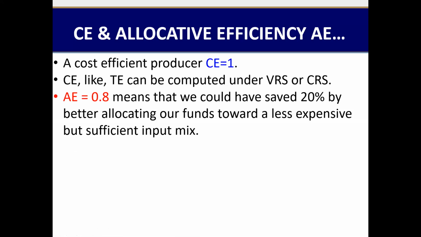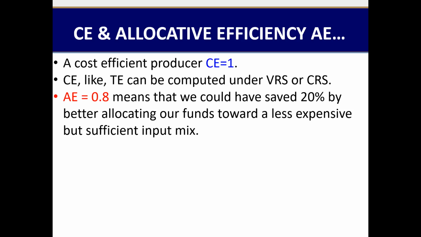So let's take a particular example of allocative efficiency. I'll explain all of this using graphs, and you will learn how to do this using graphs also. It's very important you follow me, but we've not really started the intricacies. Allocative efficiency of, say, 80% means that we could have saved 20% by better allocating our funds towards a cheaper but sufficient input mix.